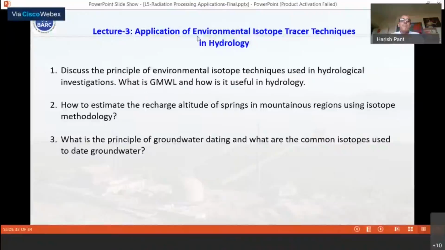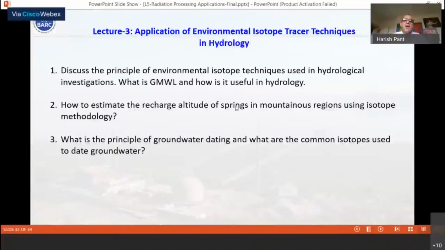Then in lecture 3, application of environmental isotope tracer techniques in hydrology. Discuss the principle of environmental isotope techniques used in hydrology. What is the global meteoric water line, the GMWL? Please discuss this, and it was discussed in detail during my presentation.